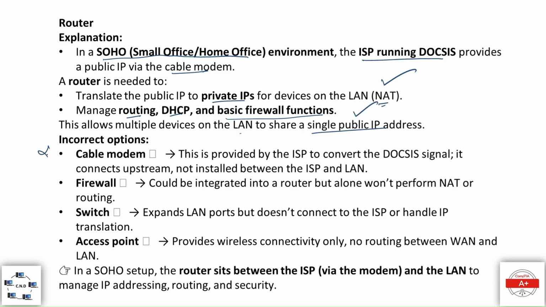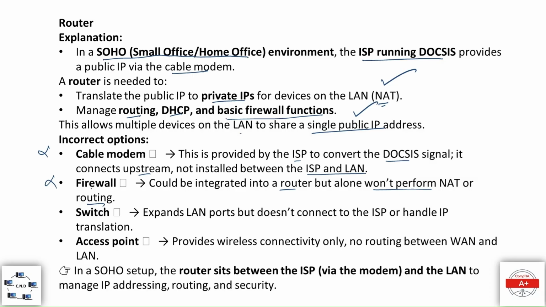The incorrect options are cable modem. This is provided by the ISP to convert the DOCSIS signals. It connects upstream and is not installed between the ISP and LAN. Firewall could be integrated in a router, but alone won't perform NAT or routing.